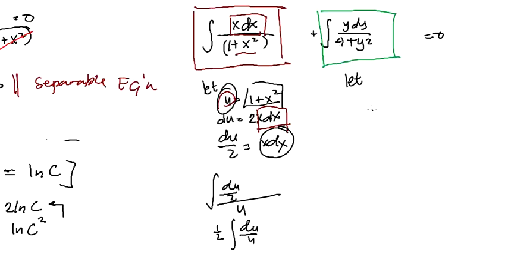So we have to let some variable, say let's use variable m, is equal to this denominator 4 plus y squared. Then by getting the derivative of this, derivative of m is dm, and derivative of this part is 2y dy.